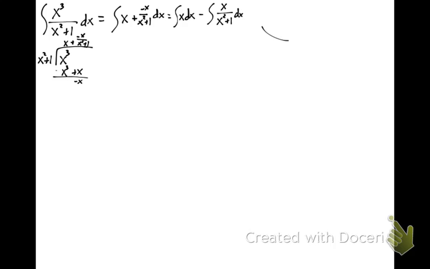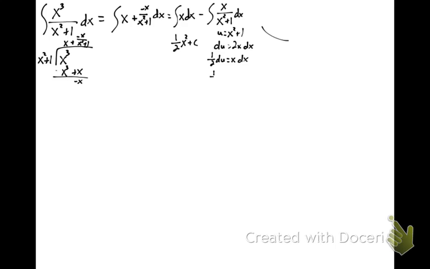The integral of x, well, that's just 1/2 x squared plus some constant. The integral of x over x squared plus 1, well, by U-substitution, let's see, du is 2x dx, so 1/2 du equals x dx.